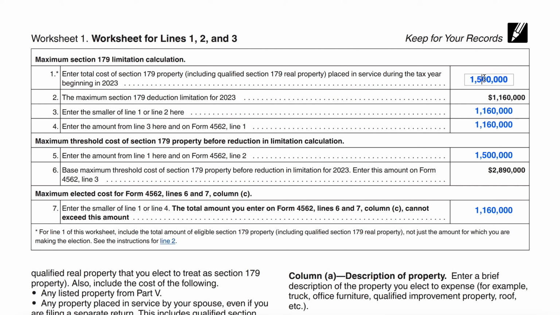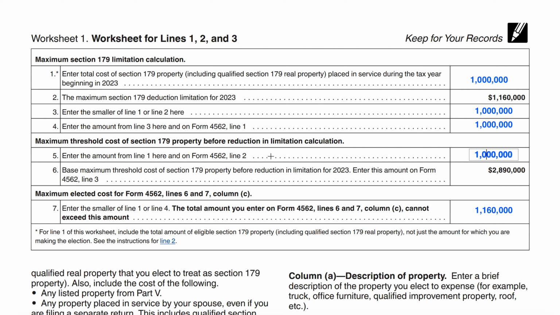However, if you placed $1 million of property into service, then all of these values would trickle down accordingly, and you would arrive at a different limitation. So let's go through the entire worksheet.